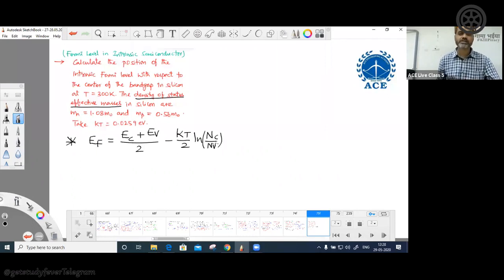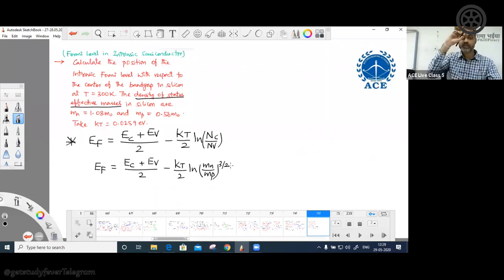And we can write what Nc and Nv are, and to cancel the terms, the same equation I can write as Ef equal to (Ec plus Ev) by 2 minus (Kt by 2) ln of (Mn by Mp) whole power 3 by 2.